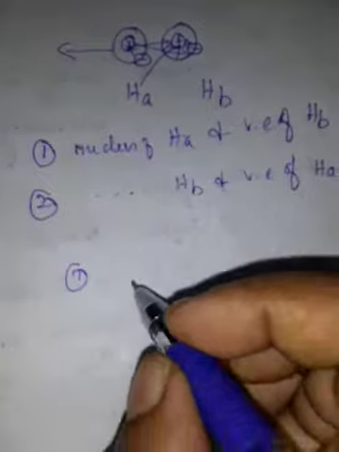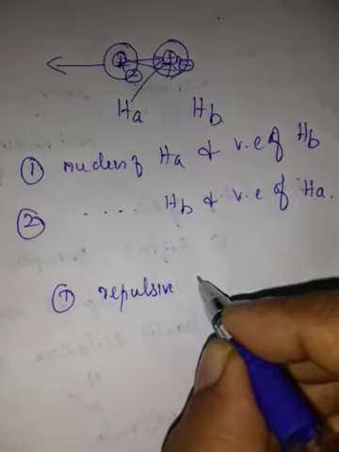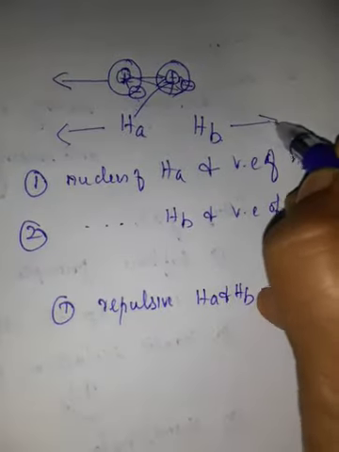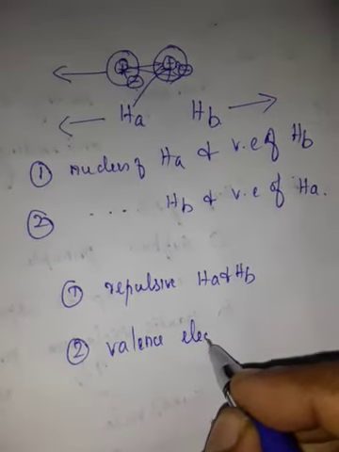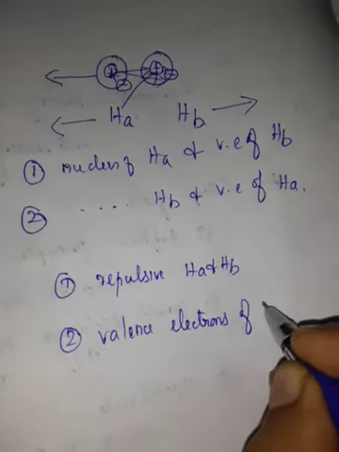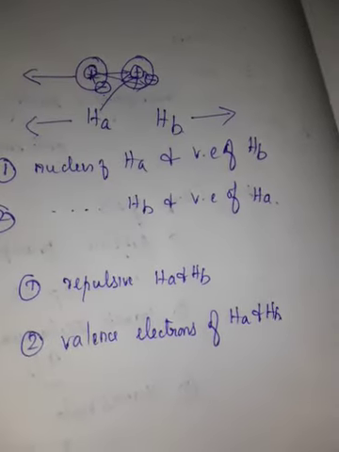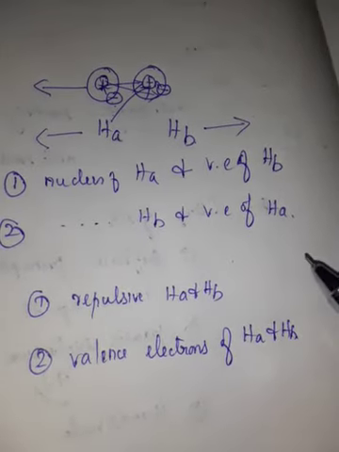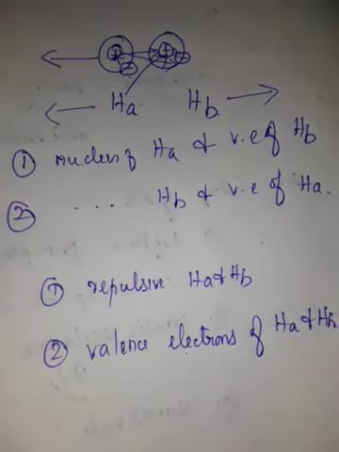Number two, between the valence electrons of Ha and Hb. So the attractive forces tend to bring Ha and Hb together, whereas the repulsive forces push them apart.